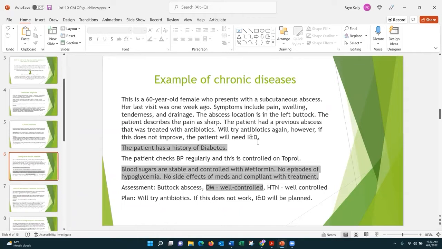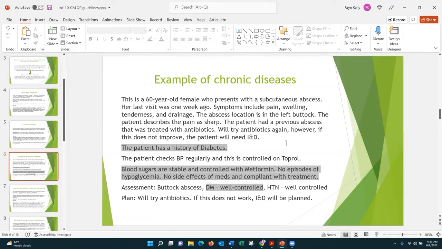Are we going to code the diabetes? Yes. What I want you to see here is that history of. Don't let that trip you up, because this is exactly how they word it a lot of times. What that physician is thinking is that it is a condition the patient has had for a length of time.